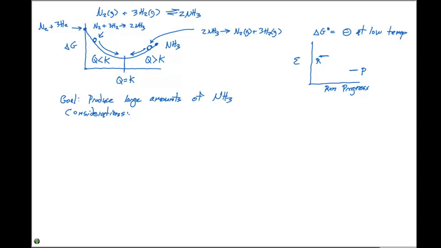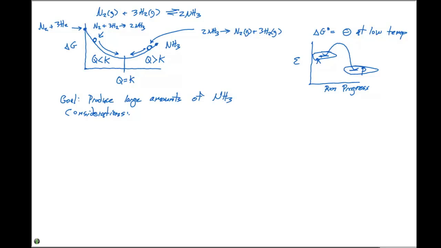And remember, thermodynamically, this is all this tells us. It does not tell us anything about the activation energy or how we get from reactants down to products. Since we have a favorable delta G, that tells us a lot about the relative energies of the reactants and the products, and that it would be thermodynamically favorable.